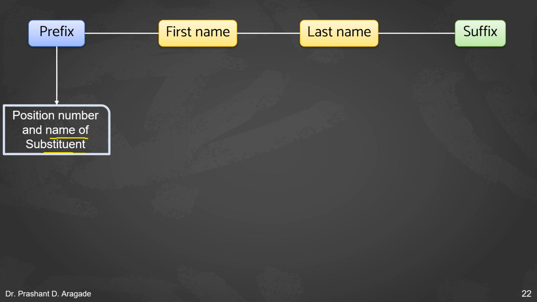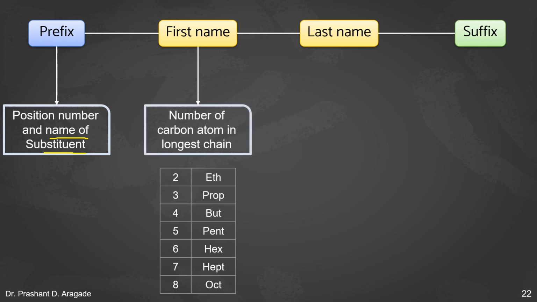Always remember the position numbers are separated by commas, and position number and name of substituents are separated by hyphens. The first name of the parent chain is derived from the number of carbon atoms present in the longest chain. As per this table, if 5 carbon atoms are there in the longest chain, the name of that chain is pent. If it is 7, then it is hept.